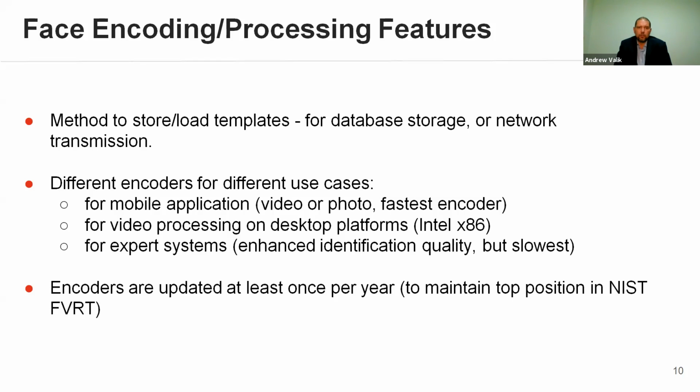And the third encoder is for mobile applications. It's 5 times faster than the previous one. So you can use it on a mobile platform for video processing in real time or photo processing. It's the fastest encoder. Each encoder differs from the others by quality not so much, but the difference is in speed for different use cases.